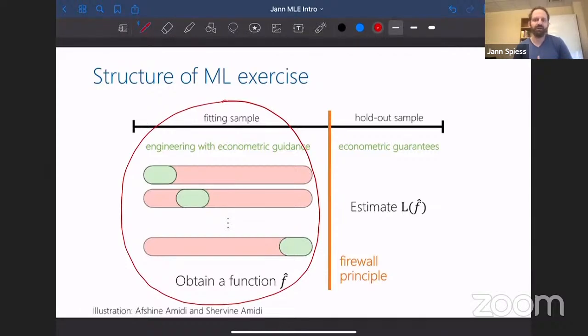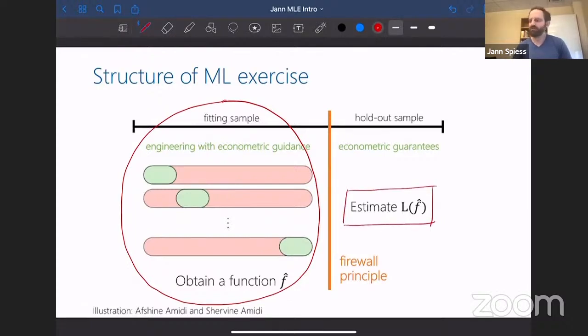For example, its complexity, the cost you put on the lasso constraint. Then you rerun your function in that full training sample at those parameters, and then you do a final estimation of the quality of your prediction on data that you haven't touched at all.